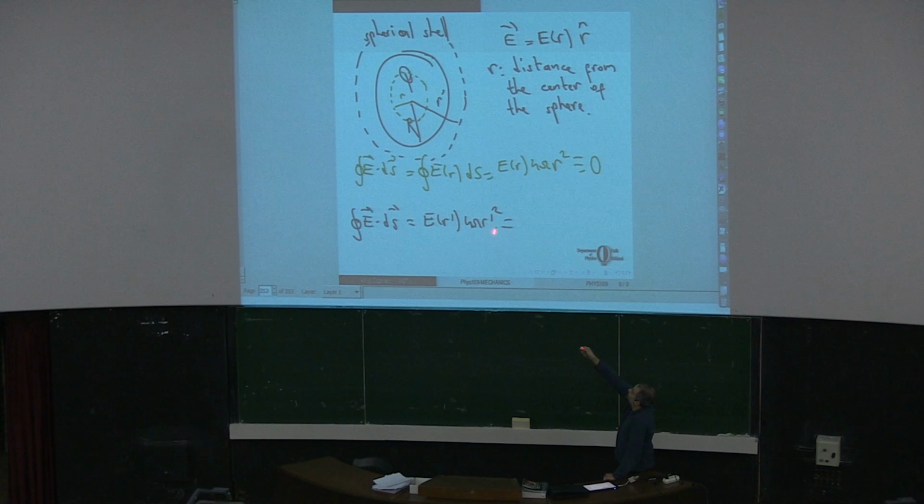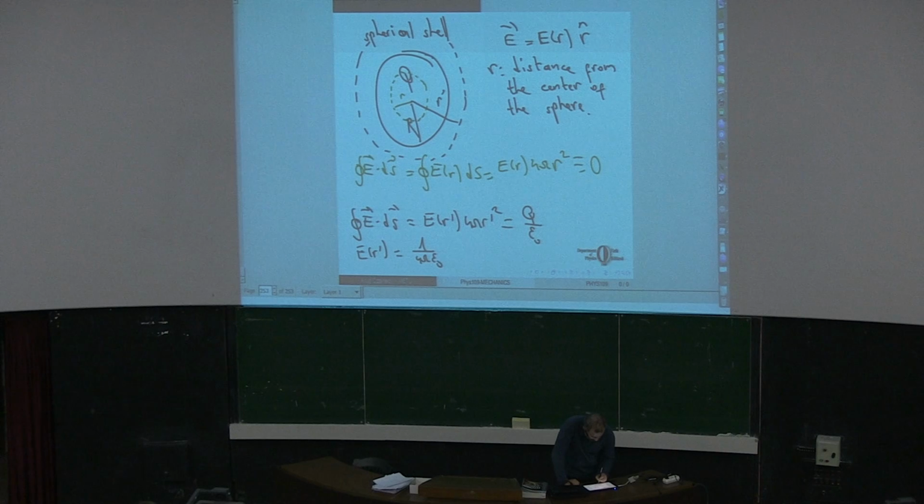Now, what is the charge inside? Q. So this should be equal to Q over epsilon 0. So E of r prime is equal to 1 over 4 pi epsilon 0 times Q over r prime squared.